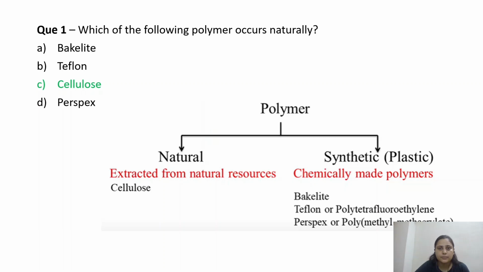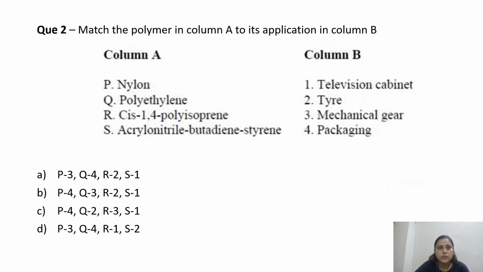Now let's discuss question number 2, which has column A and column B, and we have to match the polymer in column A to its application in column B. In column A we have several polymers like nylon, polyethylene, cis-1,4 polyisoprene, acrylonitrile butadiene styrene.